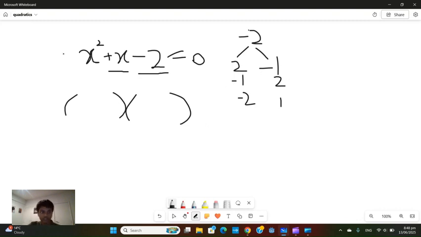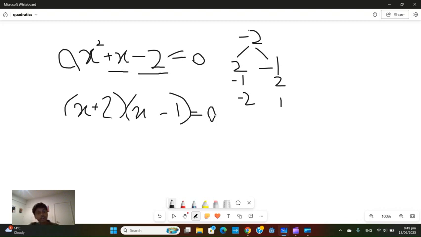So if there's nothing in front of the x, no coefficient, then what we're going to do is x plus 2 and x minus 1, because those are the numbers that are important, equal to 0.